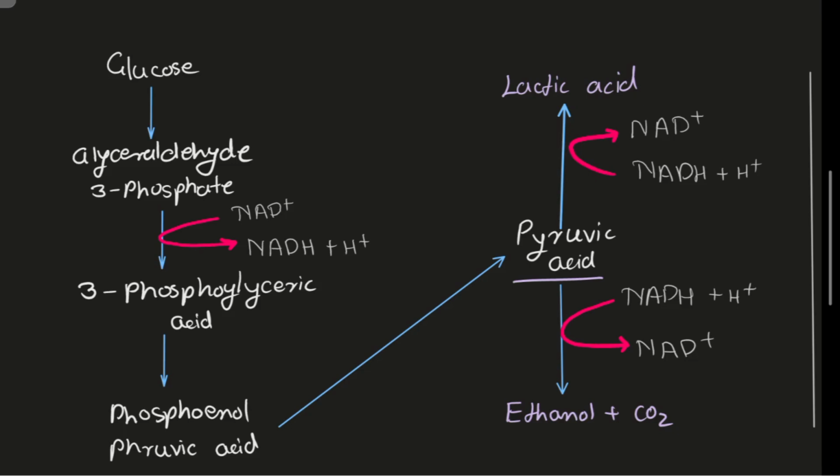Pyruvic acid is then either converted into lactic acid, or ethanol and carbon dioxide.